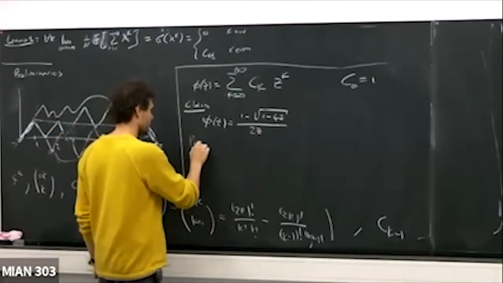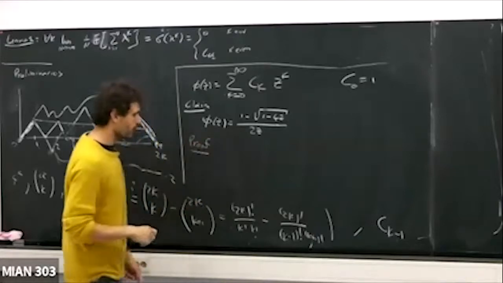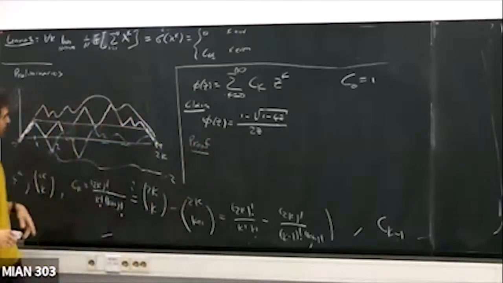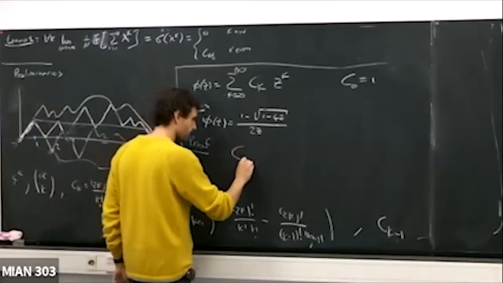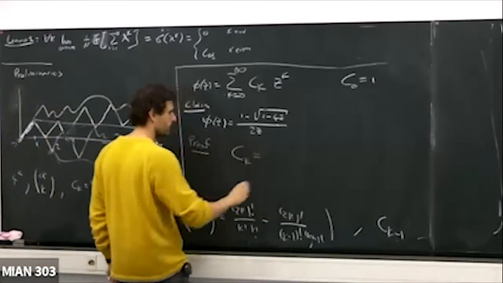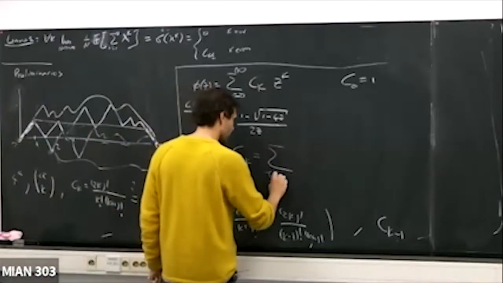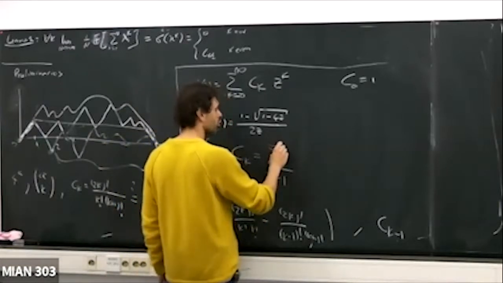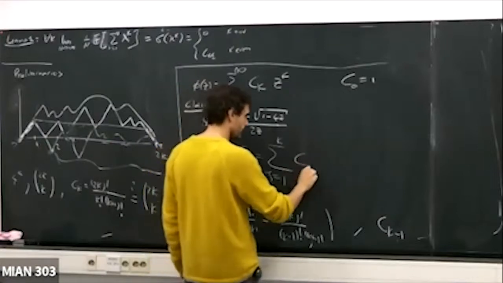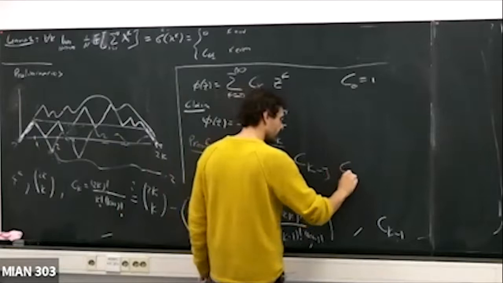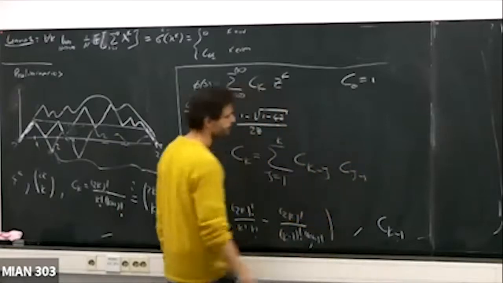Proof. The proof is quite clear, because I claim that c_k is equal to the sum from j equals 1 to k of c_{k-j} c_{j-1}.